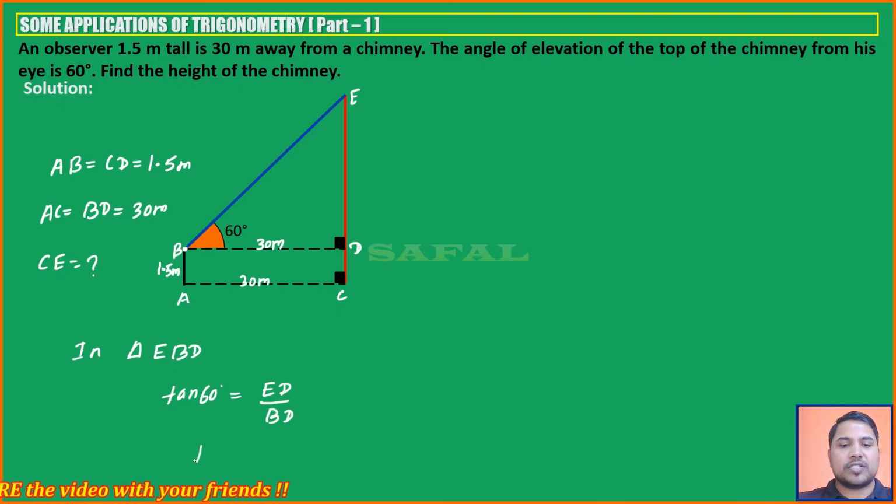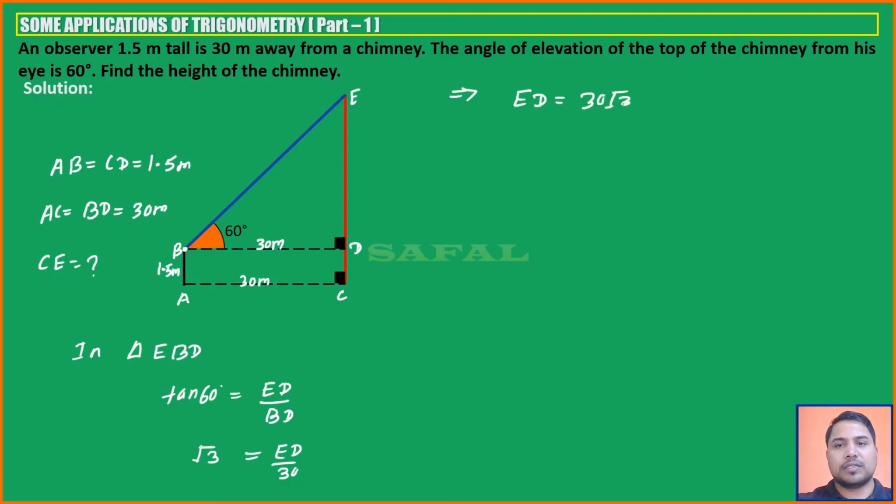Now tan 60 is root 3. ED is not known to us and BD is 30. So from here I'll get ED equals 30 root 3 meter.